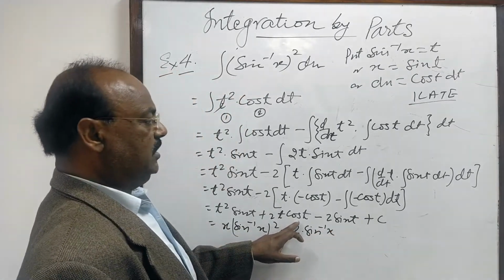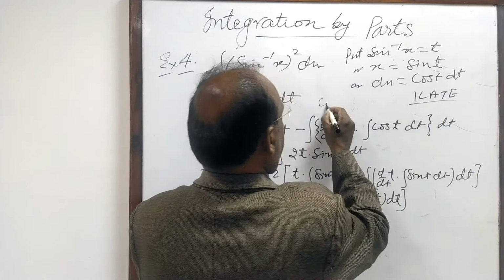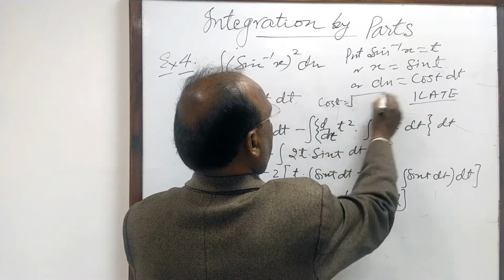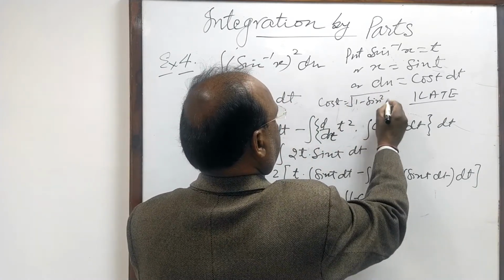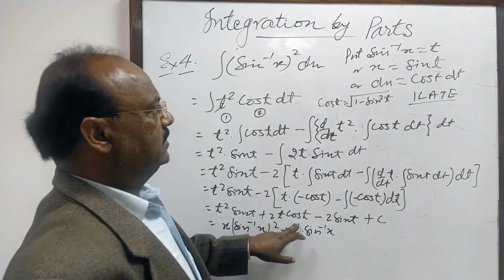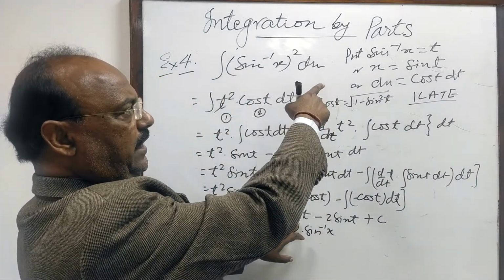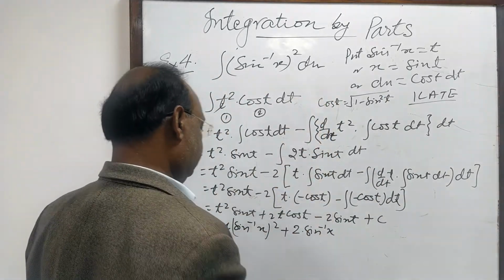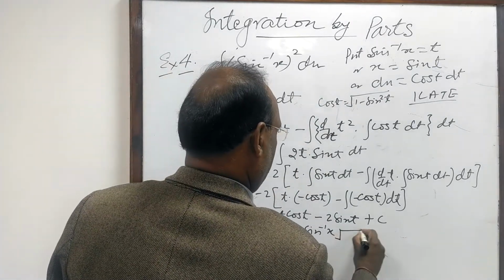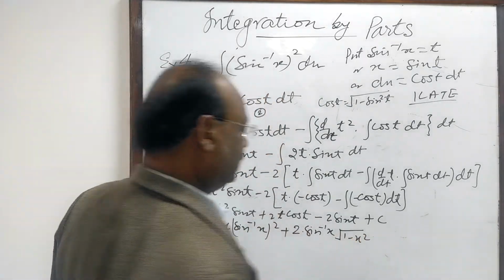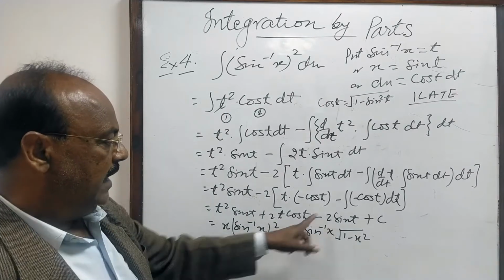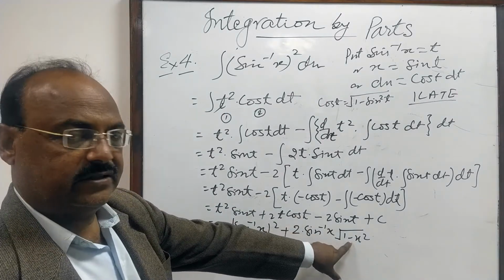and this cos t can be written as root over 1 minus sine square t, and sine square t is x square. So this is root over 1 minus x square. Understood? We have written cos t as root over 1 minus x square.